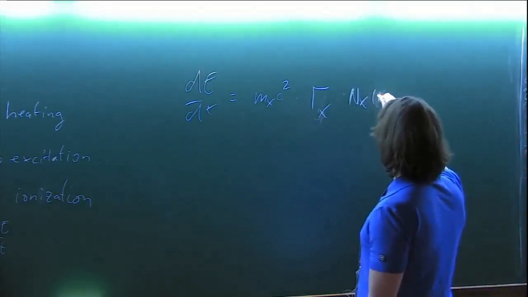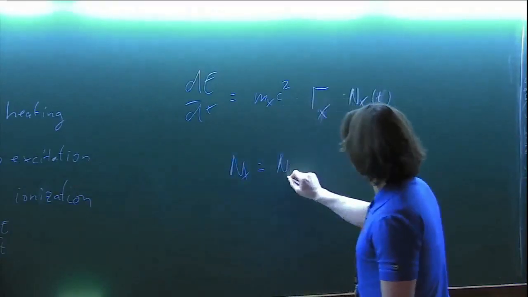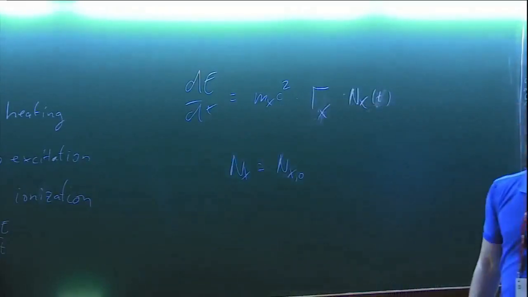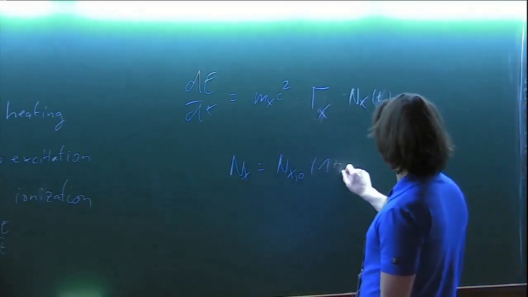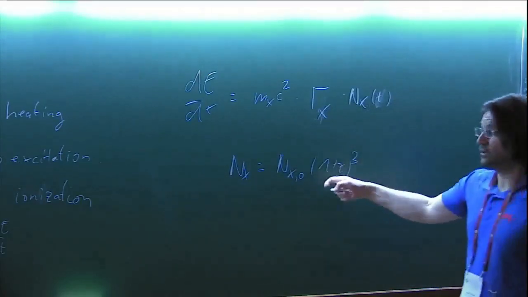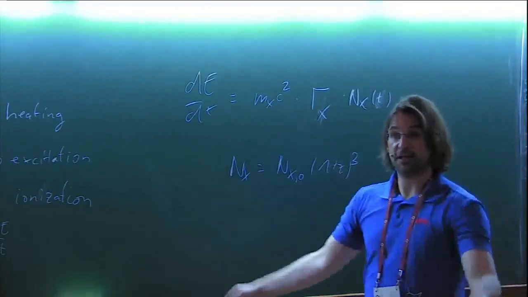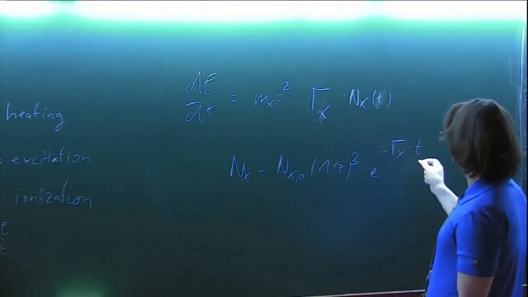And this solution for a given time, of course, is nothing else than the solution that would be there if it wouldn't be decaying, right? Times 1 plus z to the third power. That would be the standard expansion scaling. And then you have another factor, e to the minus gamma times t, the cosmic time.